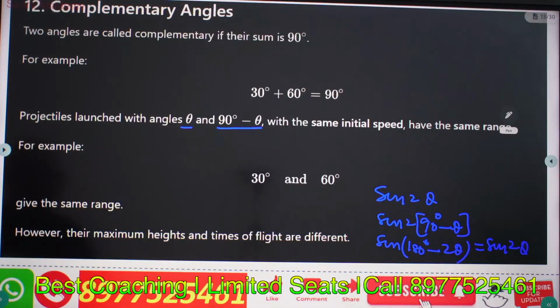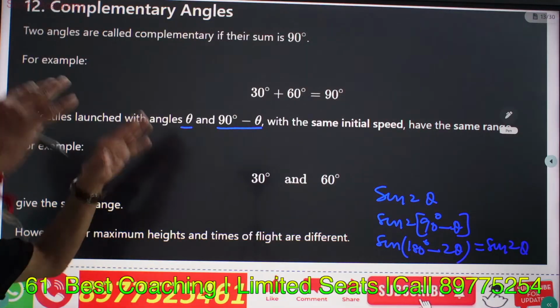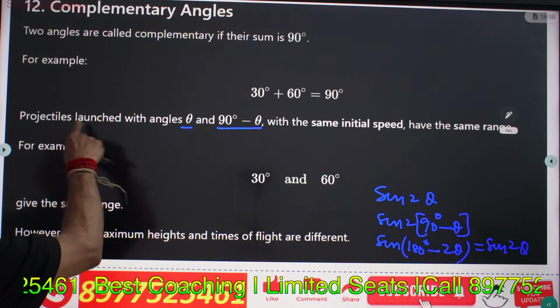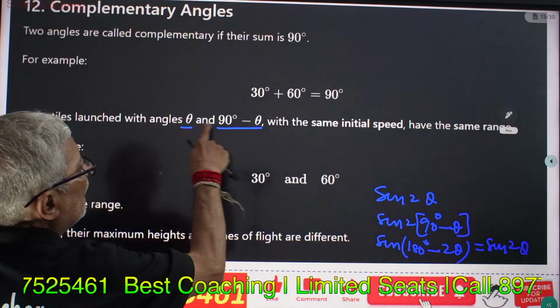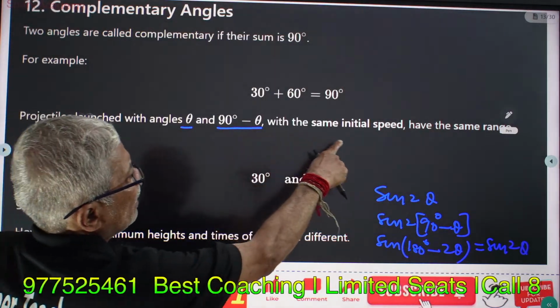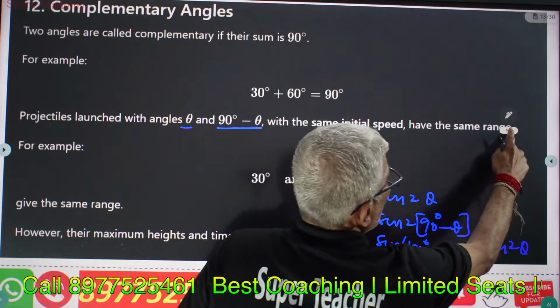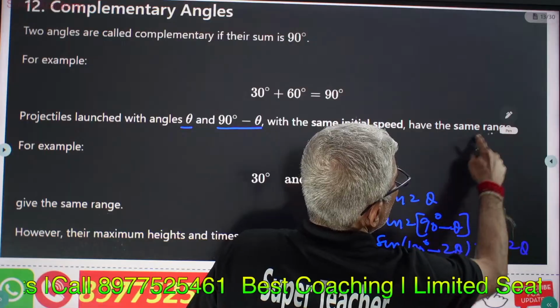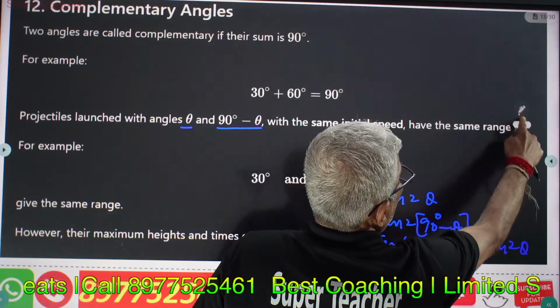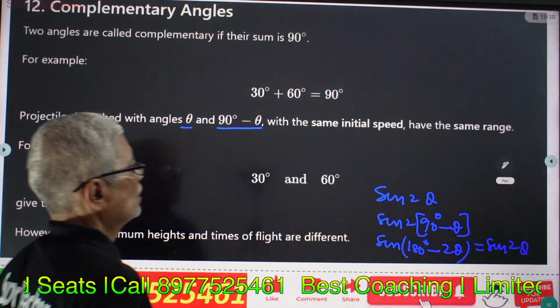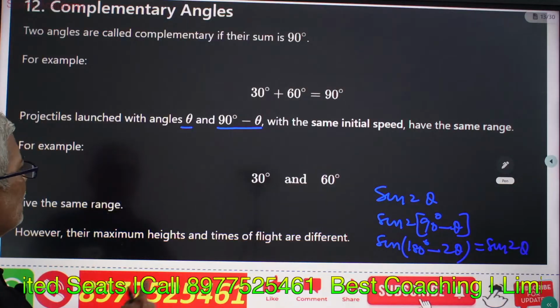Now, whatever be the initial velocity, maximum height and all, a projectile launched with an angle theta and 90 minus theta with the same initial speed has the same range. So why the same range?